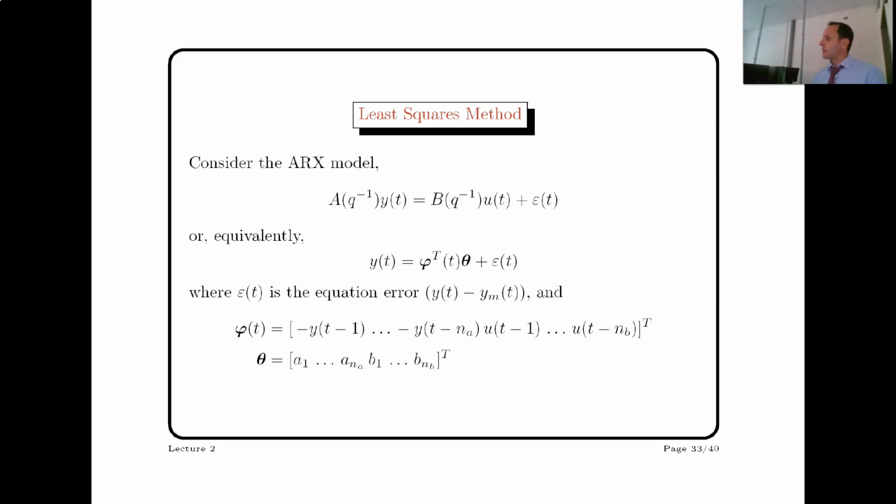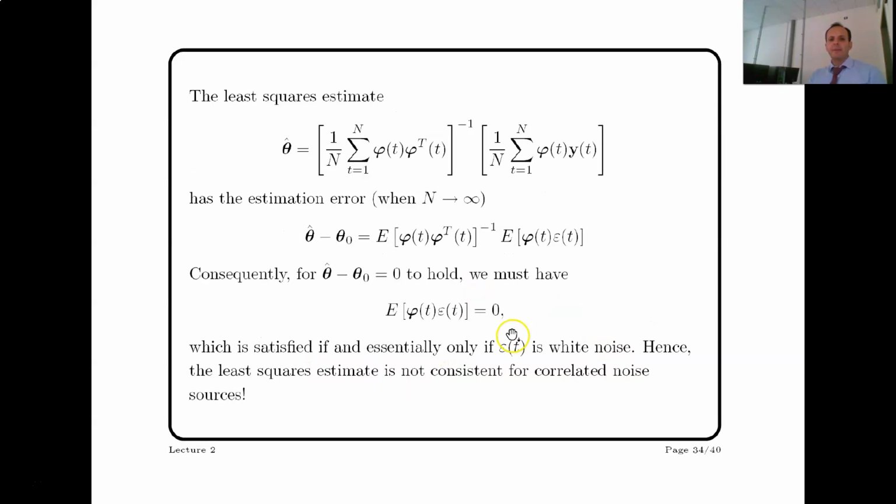So it's easier than a single block with multiple input, multiple output. So for this investigation, we are assuming single input, single output, and we have the least square approach.